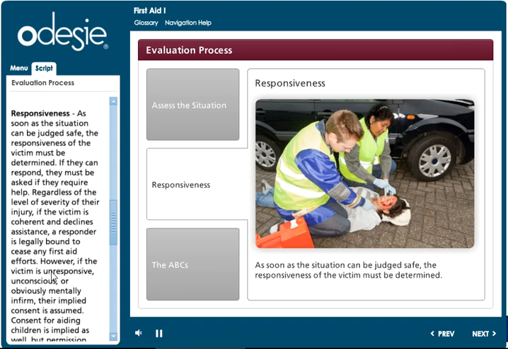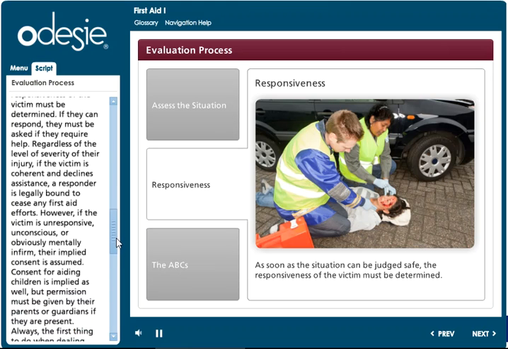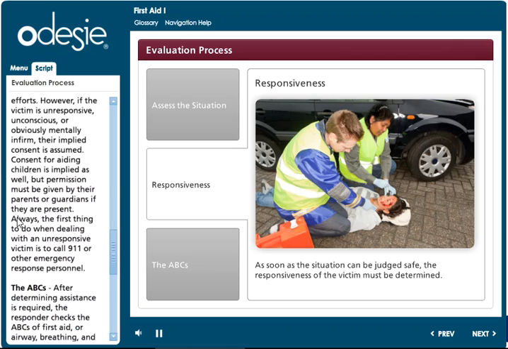However, if the victim is unresponsive, unconscious, or obviously mentally infirm, their implied consent is assumed. Consent for aiding children is implied as well, but permission must be given by their parents or guardians if they are present. Always, the first thing to do when dealing with an unresponsive victim is to call 911 or other emergency response personnel.